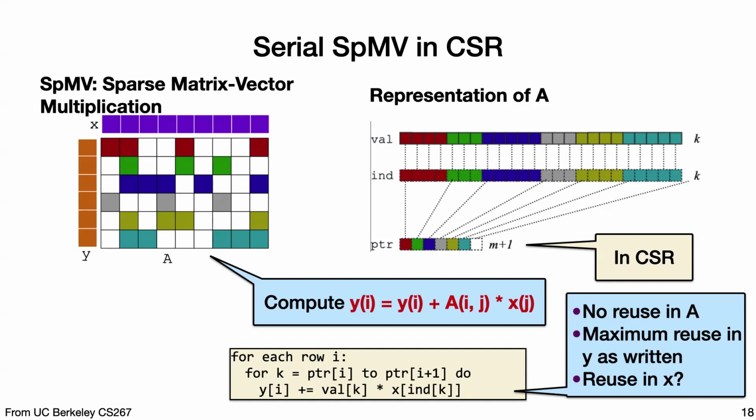Suppose that we read this one. This one corresponds to this, which is some column ID. This will give you the column ID corresponding to this entry. And then now you have to figure out which entry of X corresponds to that. So that's why you can't just directly do val[k] times x[k]. Because x[k] is some position in this array, which has nothing to do with the position either in this row or here.